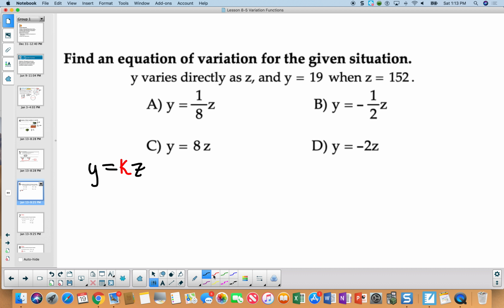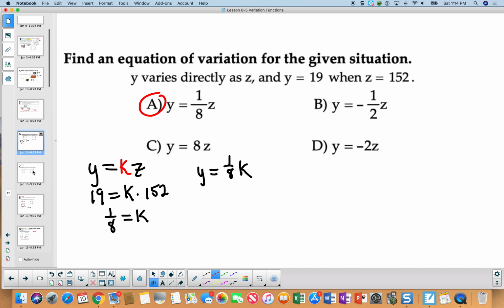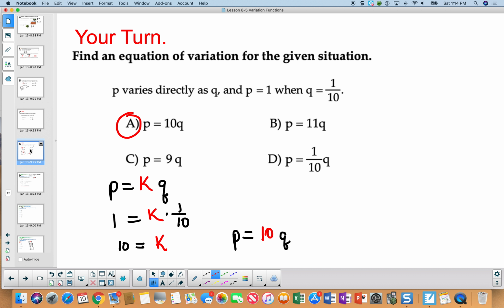Now I'm going to put 19 in for y, and I'm going to put 152 in for z. So k is going to be equal to 1/8. So I'm going to look for an equation where the constant of variation is 1/8, and that looks like it's going to be A. Your turn. And here's the answer.